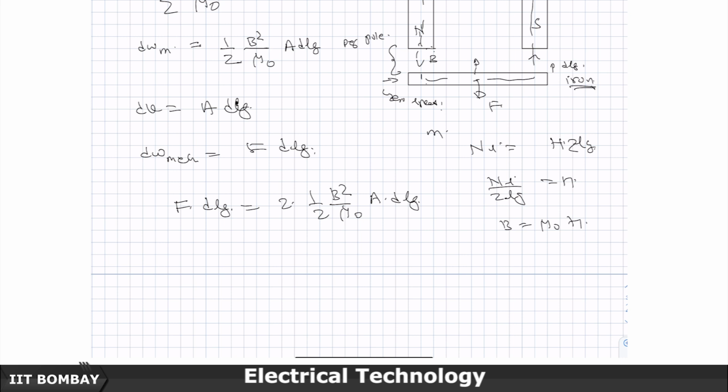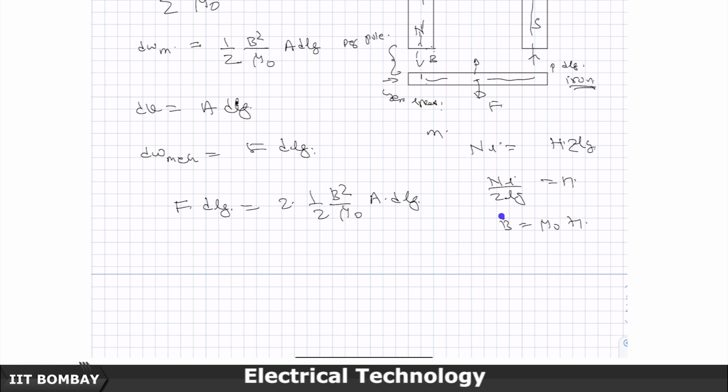As that thing gets lifted up, Lg will keep reducing. So, if I have kept the current same, then the H will increase, so the B will increase. So, it depends upon what kind of current control mechanism I have placed.